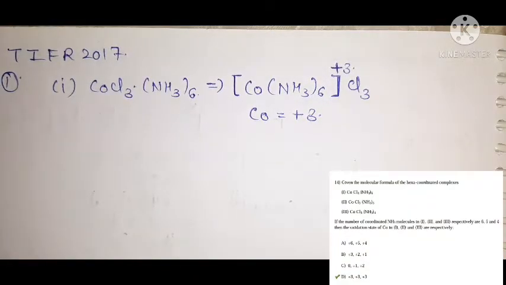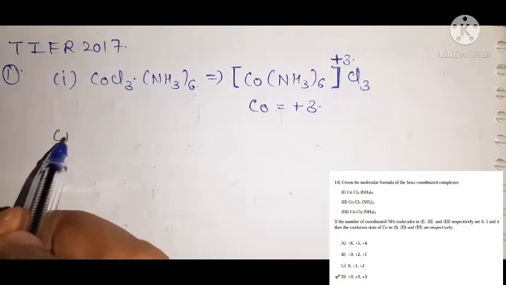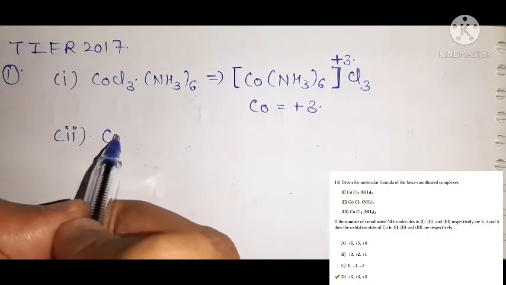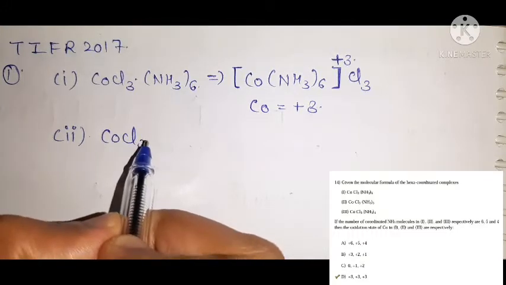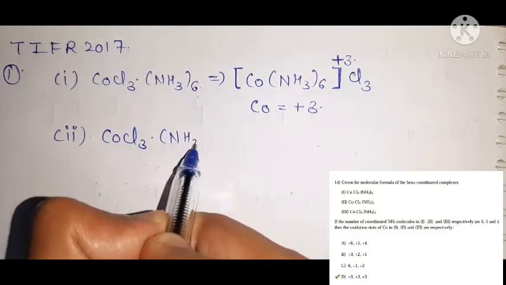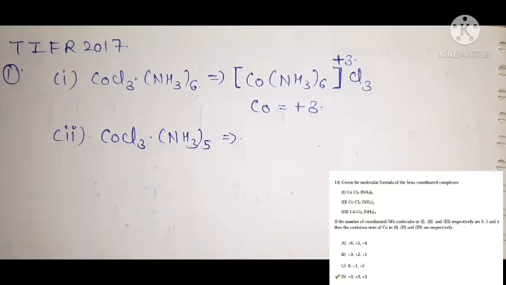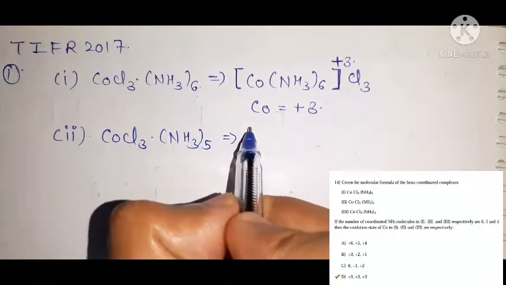Now we talk about the second molecule. It will be CoCl3·5NH3, and according to your question, the NH3 ligands attached with cobalt in this second molecule are 5, but it is a hexa coordinated complex.